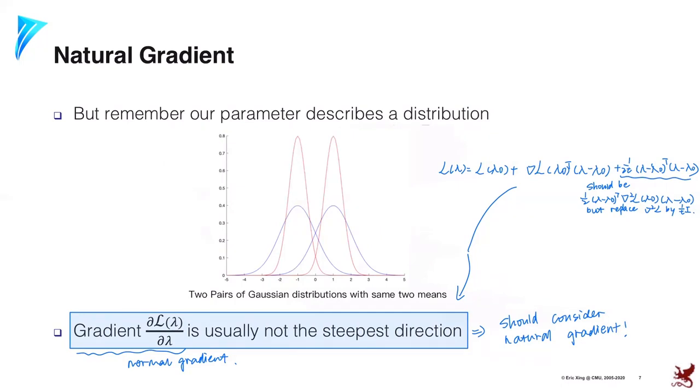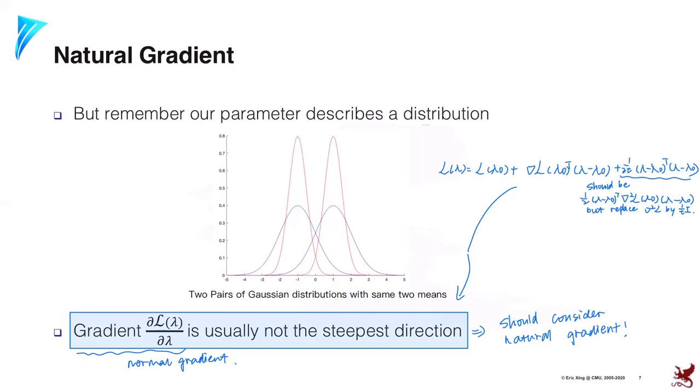If we consider characterizing their distance with the parameters, we can see that their distance of mean is equivalent, because the distance between the means of these two distributions and the distance between the means of these two distributions is actually the same.